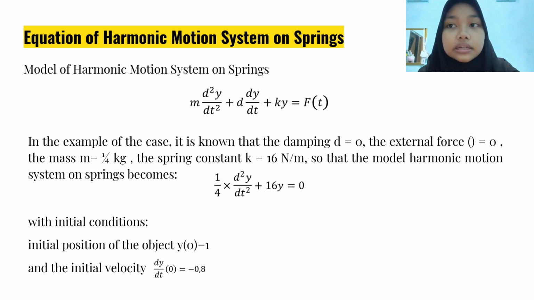The mass is m equals 1/4 kilogram, and the spring constant is k equals 16 Newton per meter.